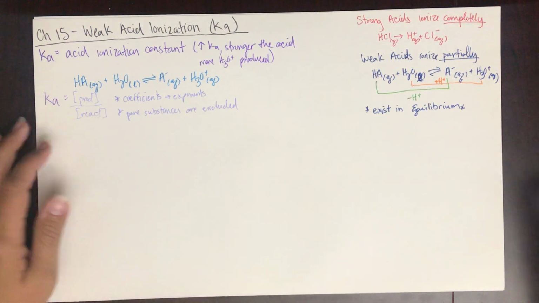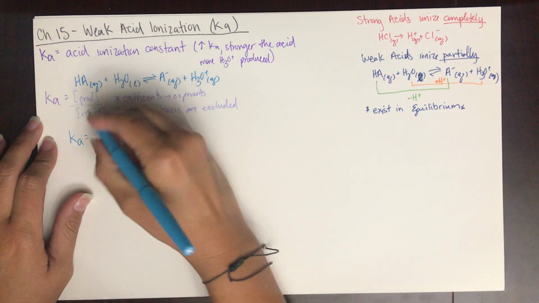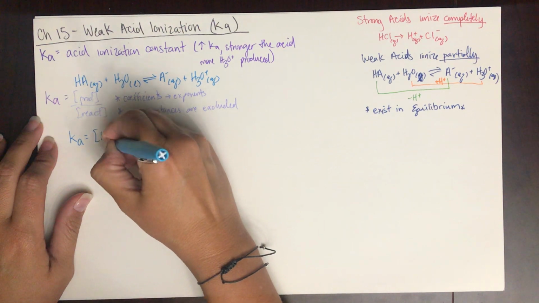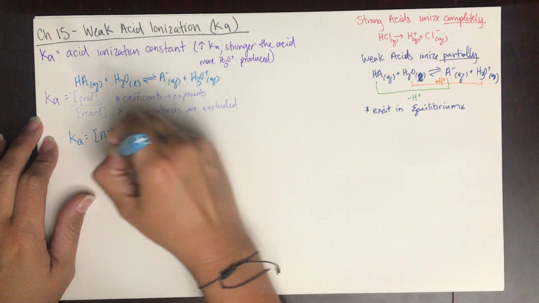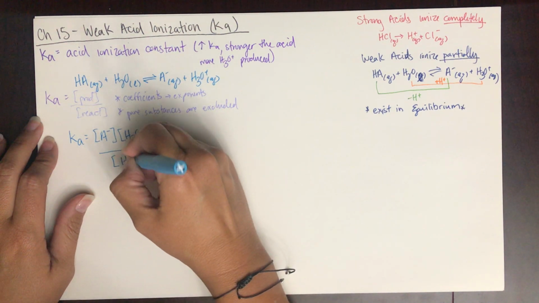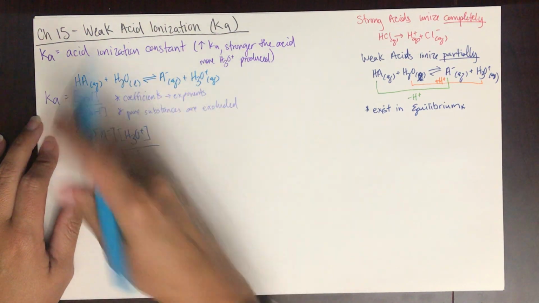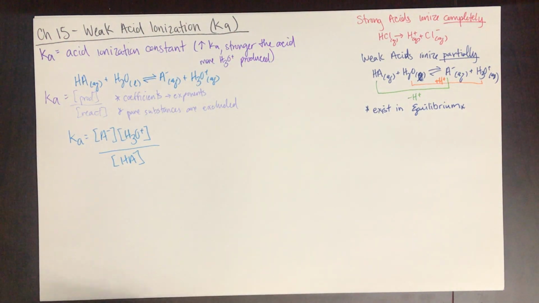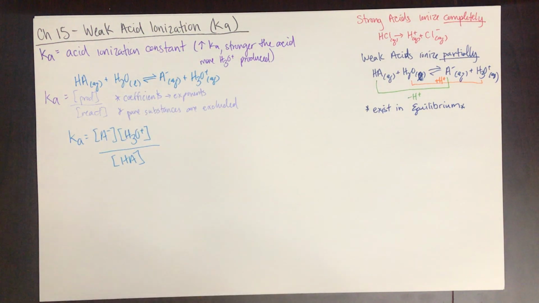So if you were to write the Ka here, I would say Ka equals the concentration of the products, A minus, times concentration of hydronium over HA. And that's it, right? Because this water is a pure substance, so it is excluded. You also could see it written as just a 1 here, that 1 representing the water, but that's unnecessary.